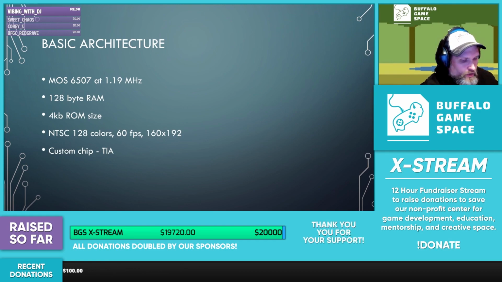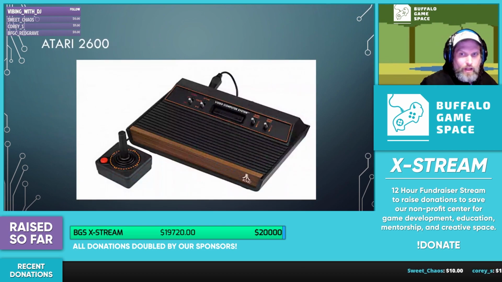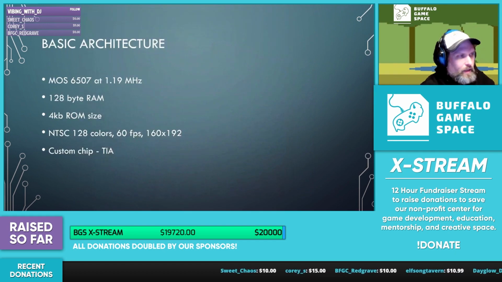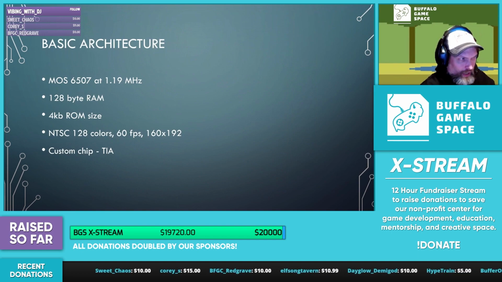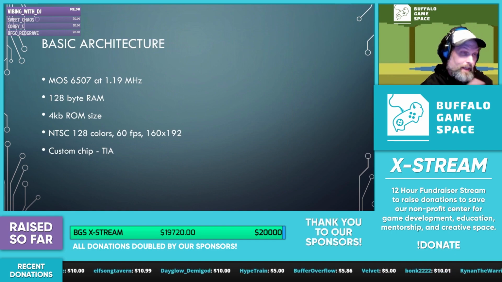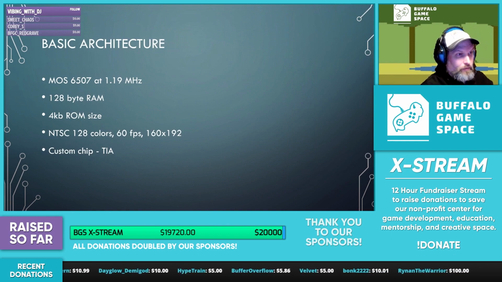It's a cartridge-based system like the NES. If I go back, that little slot there, just like an NES, you stick your cart in there. That literally has all the memory. So that's the ROM. It pushed out NTSC, which is a standard TV signal, with 128 colors, 60 frames per second. That's right, it does 60 frames per second.